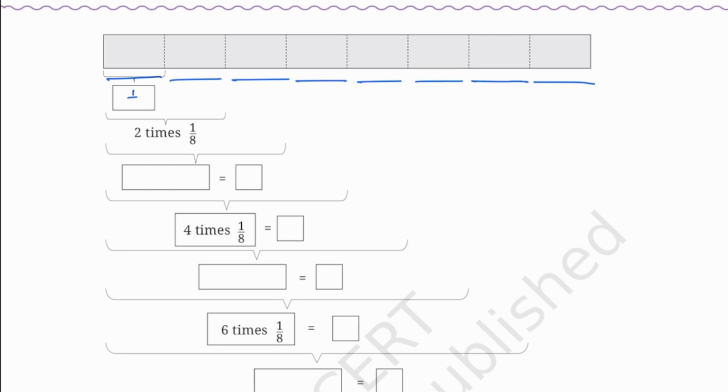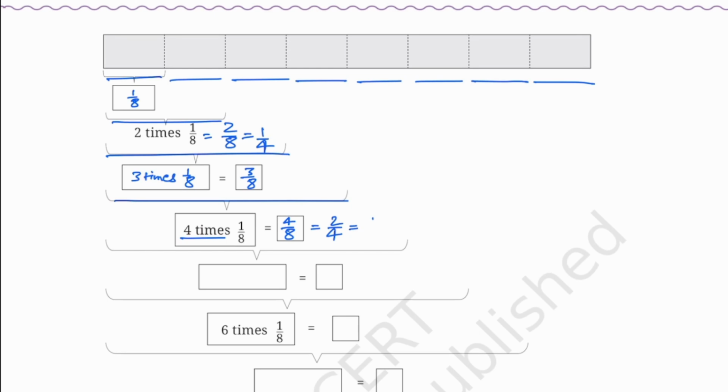So one part will be 1 upon 8. 2 times 1 upon 8 is 2 upon 8 or 1 upon 4. 3 times 1 upon 8 is 3 upon 8. 4 times 1 upon 8 is 4 upon 8 or can be written as 2 upon 4 or 1 upon 2.